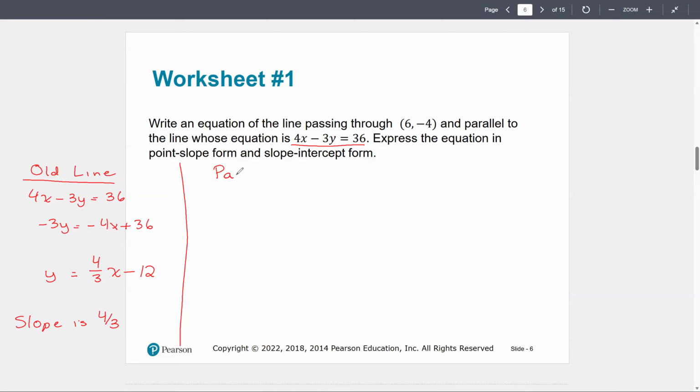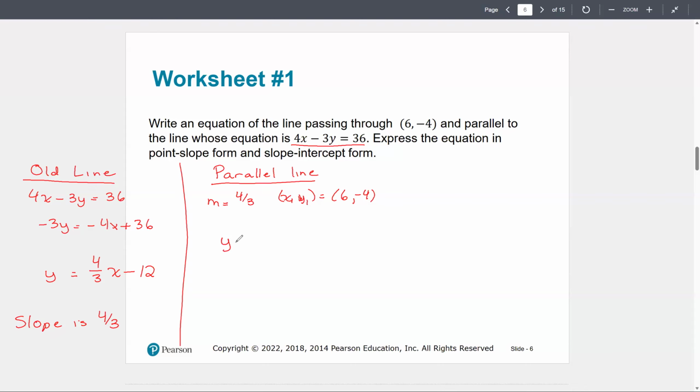So now the parallel line, we know the slope is going to be 4/3, and we know the point x1, y1. We have one point that we know that line is going to pass through, which is 6, -4.